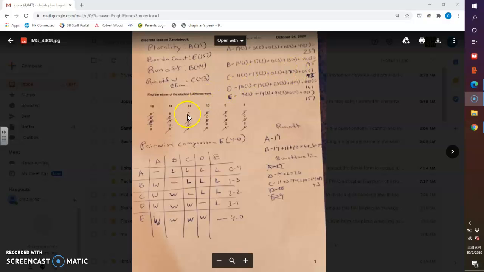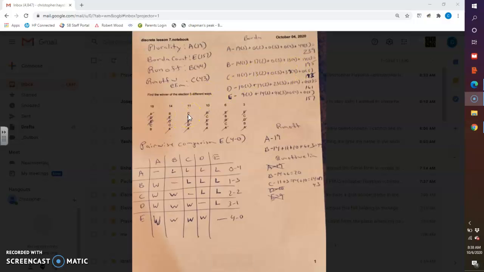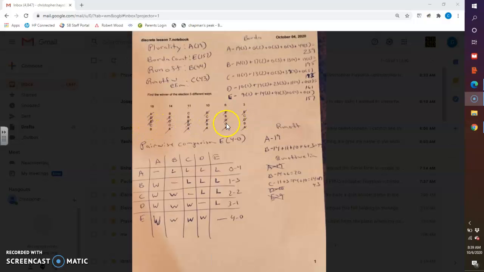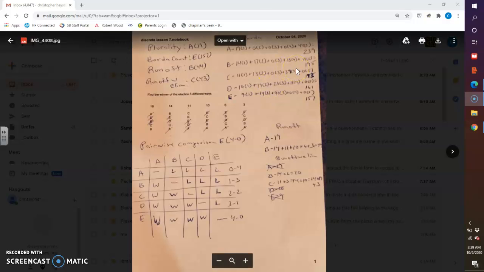C has 11 first place votes. It has 10 and 3, 13 second place votes. C also has 0 third place votes, and it has 19 plus 14 plus 6, so 39 fourth place votes and 0 fifth place votes. So 11 plus 26 plus 0 plus 156 plus 0 equals 193.